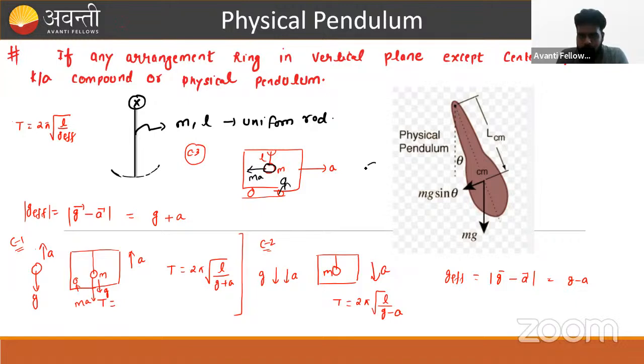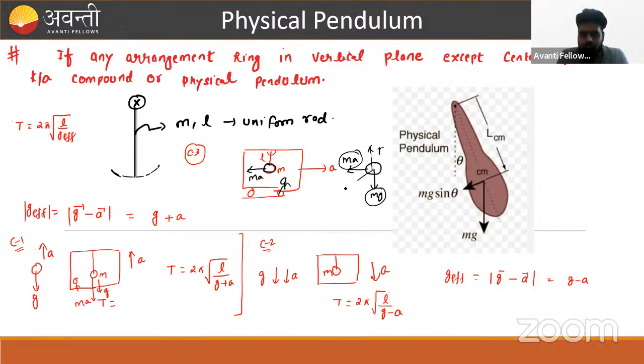So if you want to see the FBD of the bob, one force mg is acting, one force ma is acting, and another, the tension, is acting. Am I correct, beta? Yes or no? If I ask you a simple question, what is the net acceleration, you will say, sir, one is ma and another is mg.